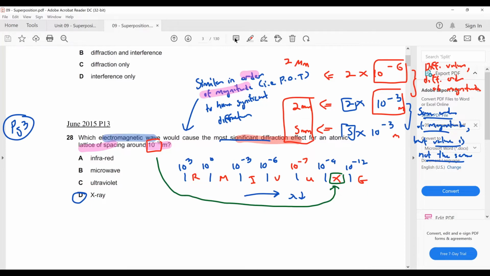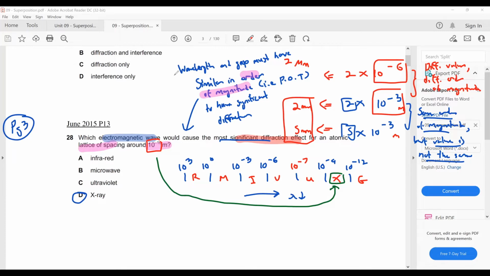If there's anything I needed to add, now this one I'll say wavelength and gap must have similar order of magnitude.